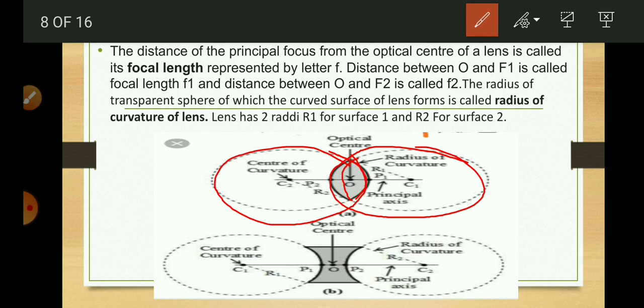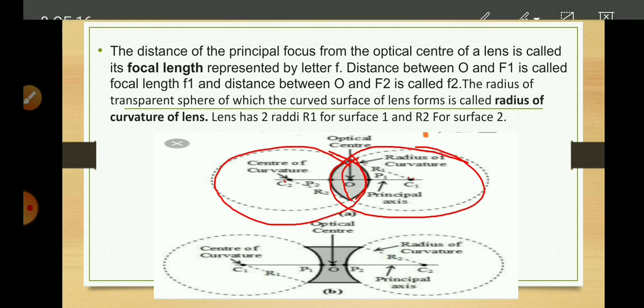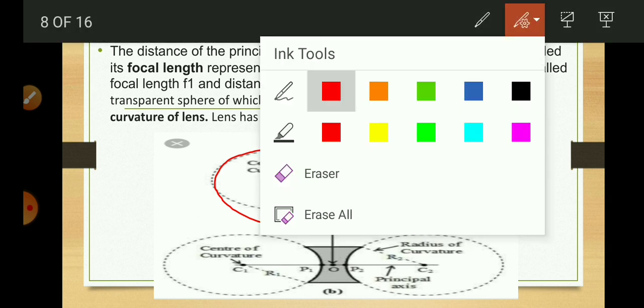And so the centers of these two spheres is called as center of curvature of the lens. Center of spheres from which two surfaces of lens form are called centers of curvature. We can represent it as C1 and C2.